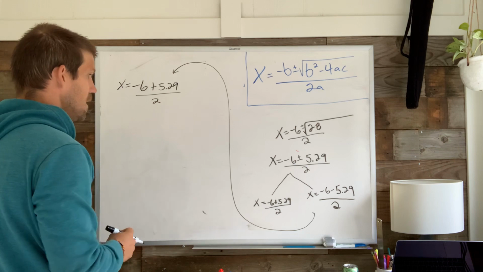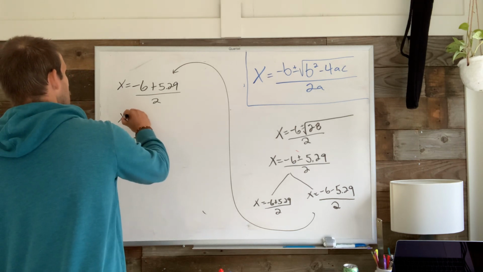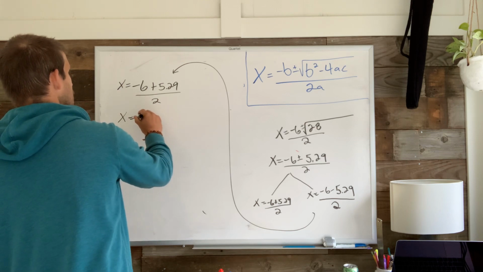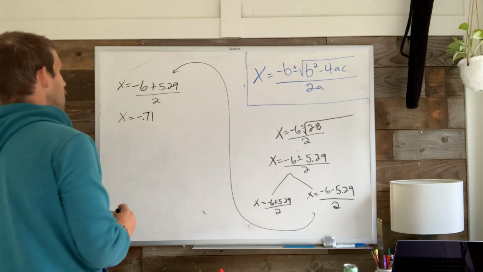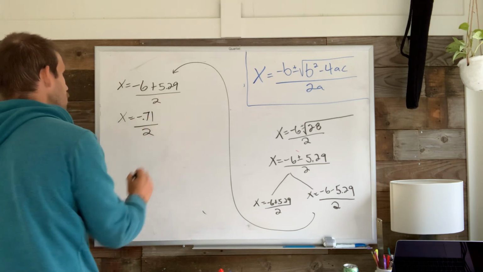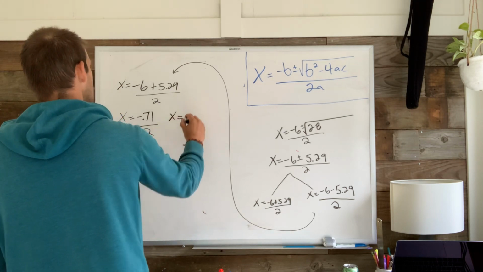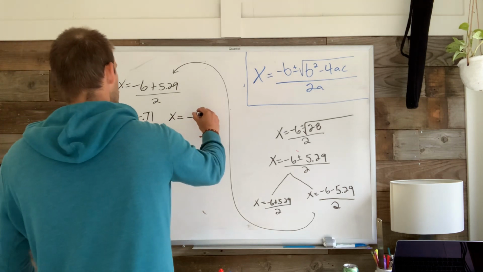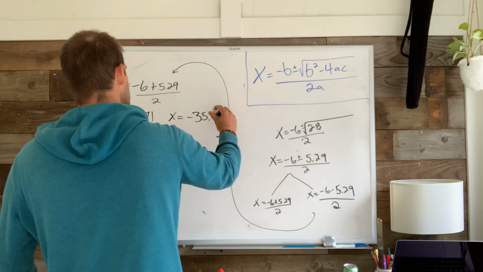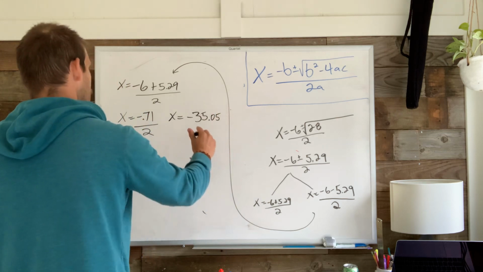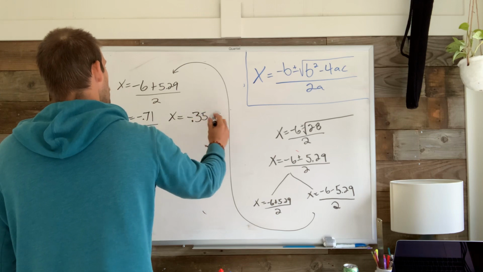So negative 6 plus 5.29, that's a negative 0.71, divided by 2. So in this case, we have x equals a negative 0.355.